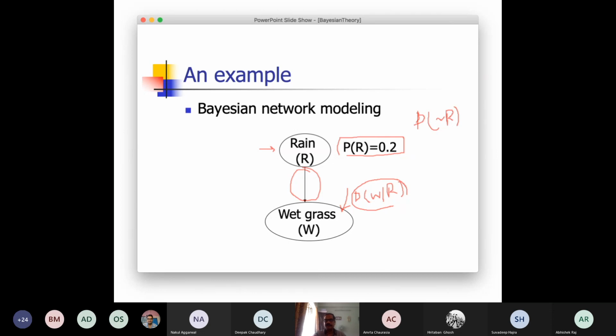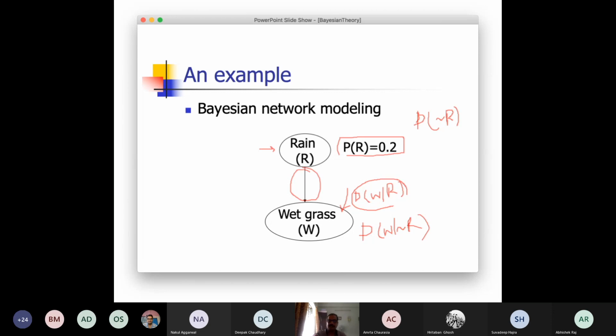If you know this value, the other would be 1 minus the probability of W given R. But you also need to know the probability of wet grass when it does not rain. This is not related to the previous one. This is another event. If it is not rain, what is the probability of wet grass? So these two you require minimally. Other values, if you give them, would be redundant, but there has to be consistency. So in this Bayesian network, you actually require 3 parameters to describe it.